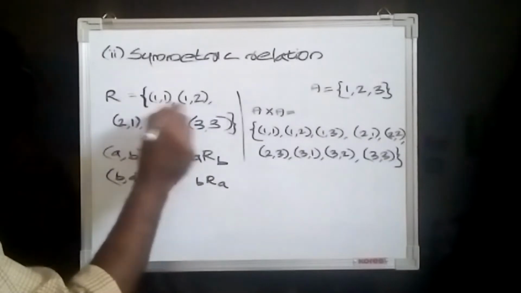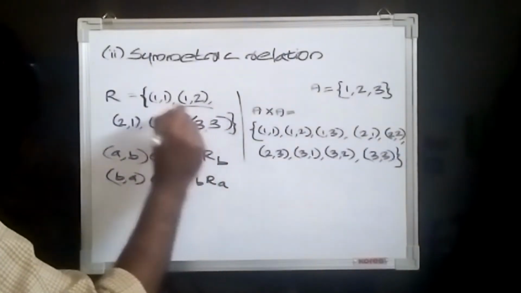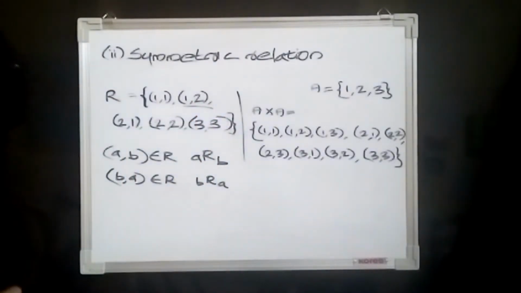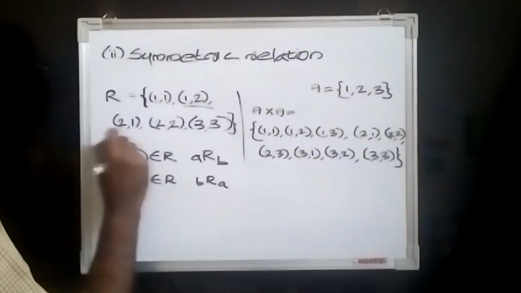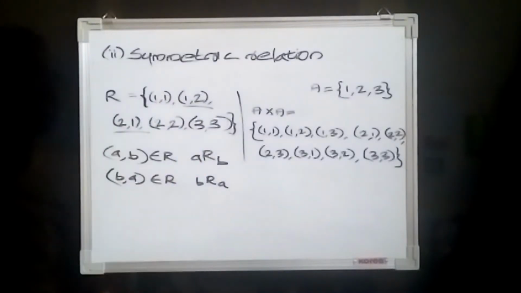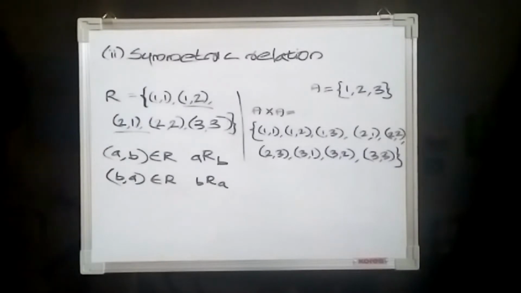Here we have (1, 2) belongs to R. Then (2, 1) also belongs to R. Whenever (1, 2) belongs to R, then (2, 1) also belongs to R. Therefore, the relation is symmetric.